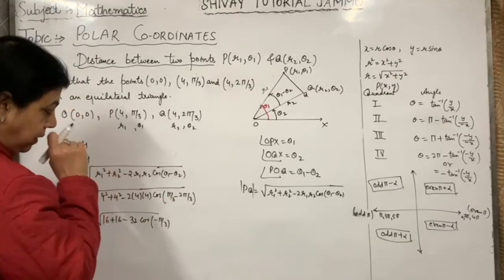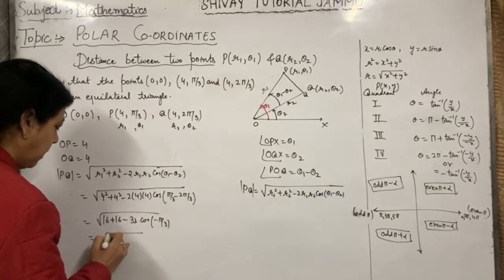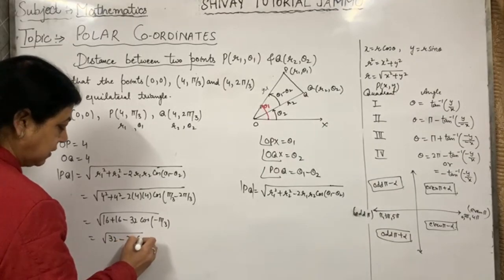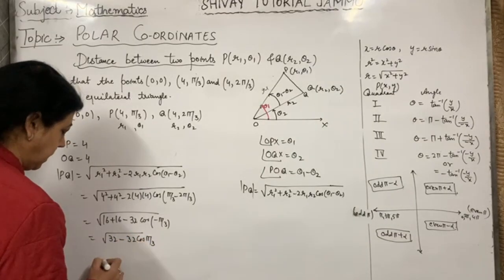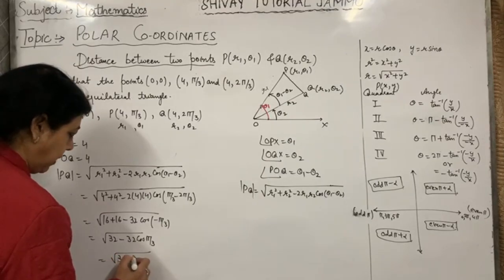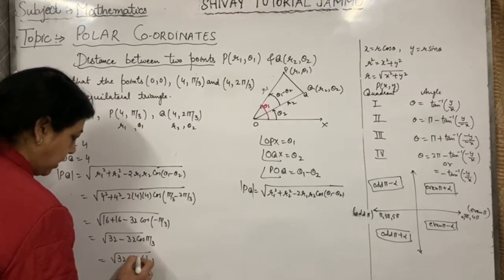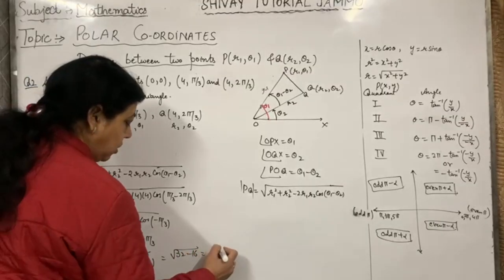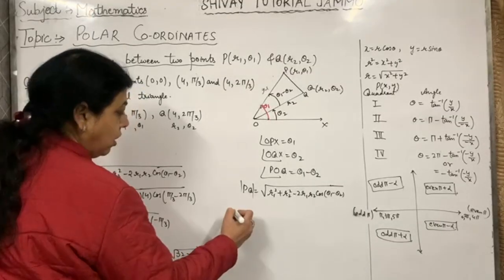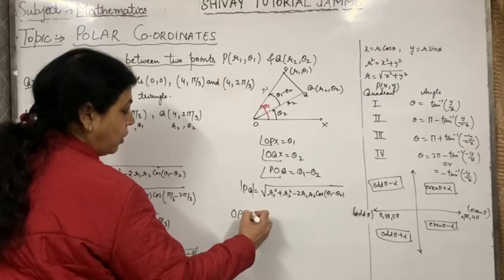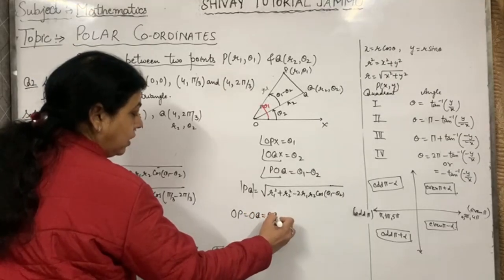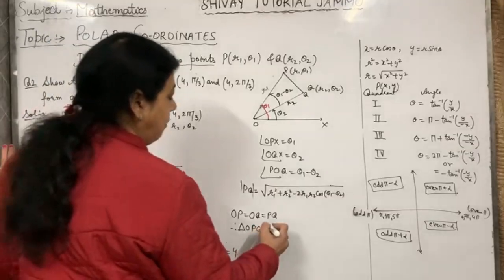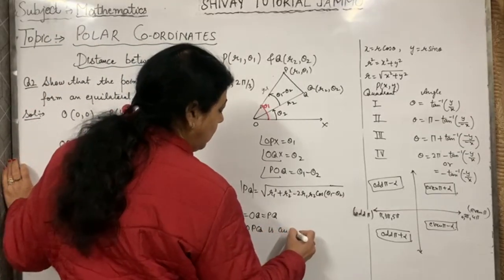Pi by 3 minus 2 pi by 3. 32 minus 32 cos pi by 3. What is cos pi by 3? This is 1 by 2. We cut it. We will get 32 minus 16, root 16, 4. So OP is equal to OQ is equal to PQ. Therefore, triangle OPQ that is formed is an equilateral triangle.